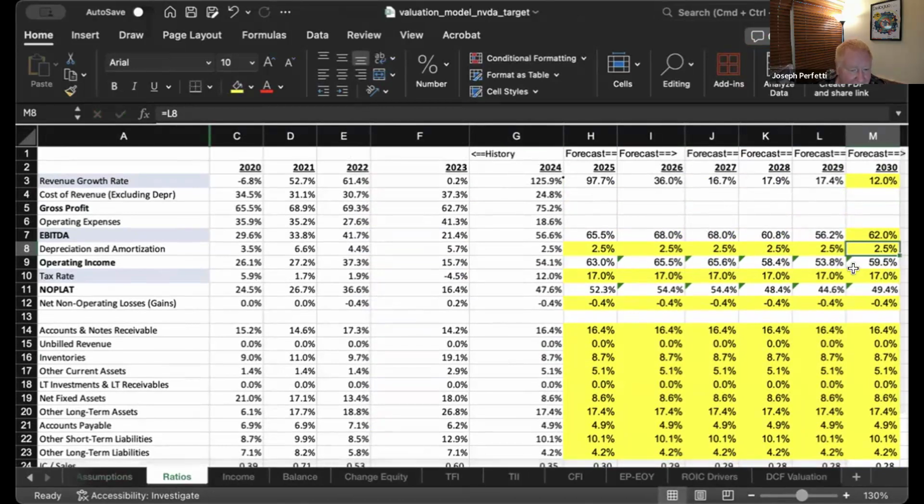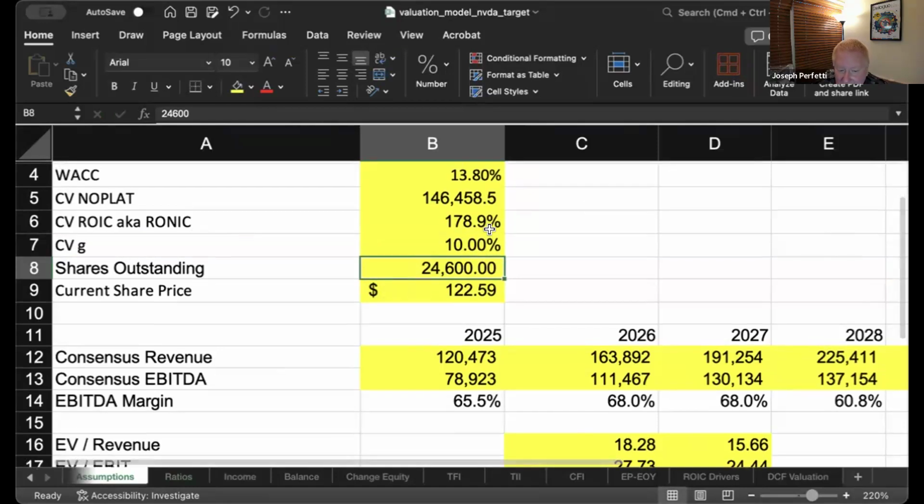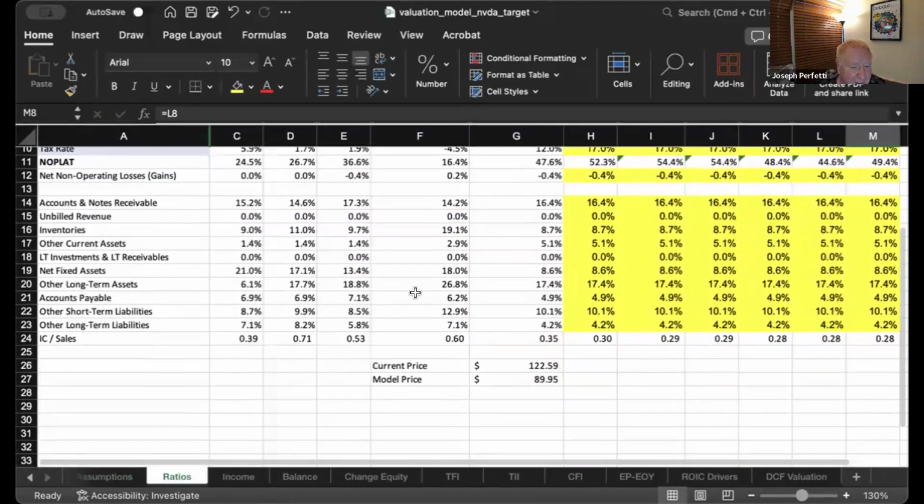So we agree to have lower tax rates for corporations going forward. And that this growth maybe slows down to 10% for reasons that we talked about. AI doesn't get as big as fast. Competition's a little bit stronger. Nvidia's under that threat, which reduces their margins. And that leads to a share price of 90.